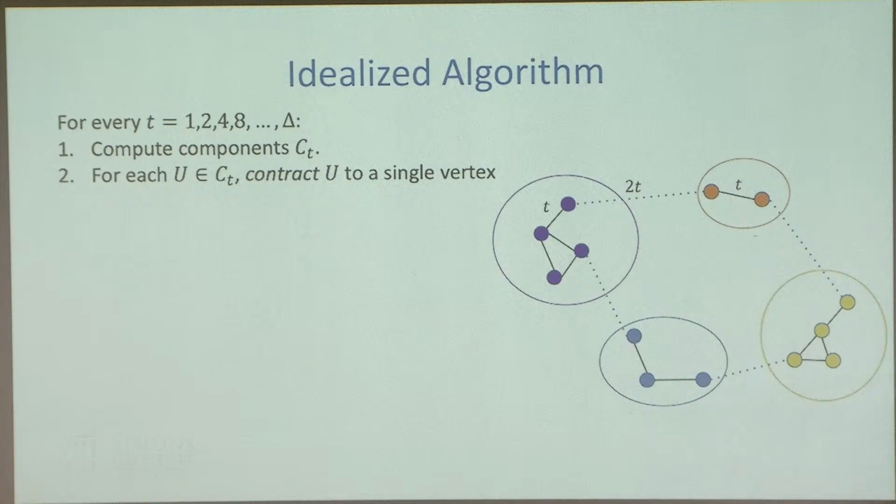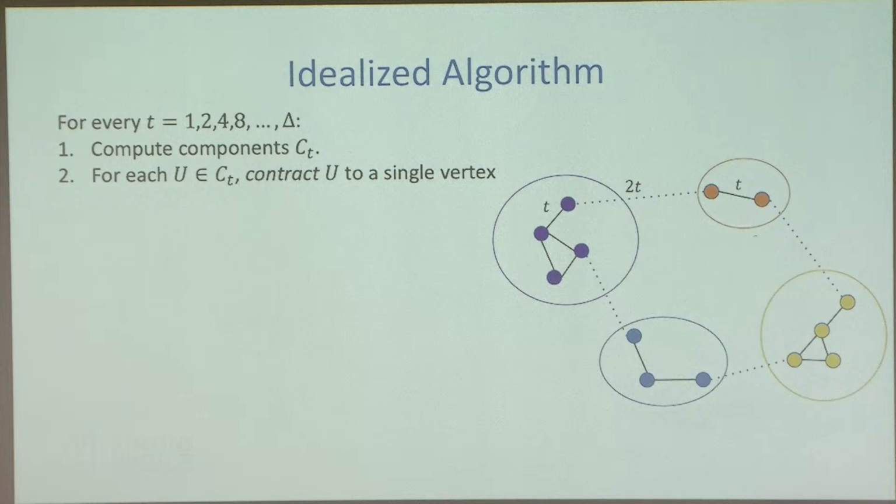Then one idea for the parallelism: how do we get log number of rounds, for example? Instead of smoothly increasing your threshold, you can only look at these discretized edge weights 1, 2, 4, up to 2 to the i, and up to the largest, the diameter delta. And then you compute all the edges with the same edge weight at the same time.